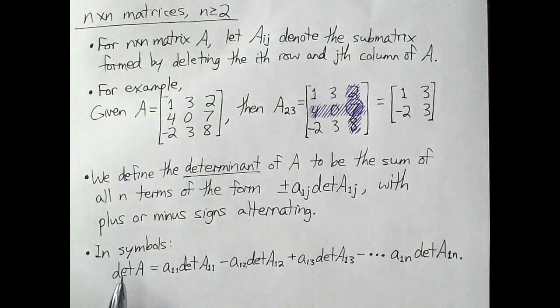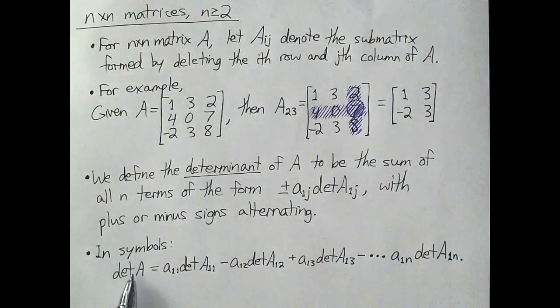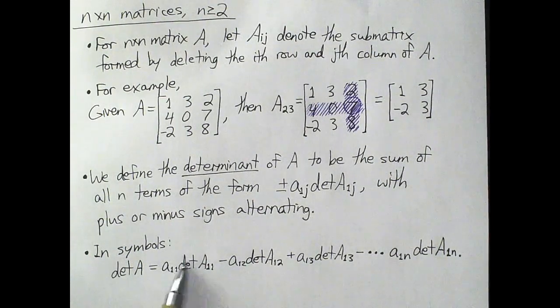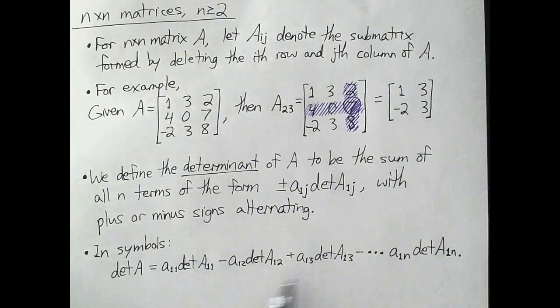So the determinant of a large matrix, presuming that A is large, is defined as this alternating sum, plus, minus, plus, minus, plus, minus. It's a sum of determinants of smaller matrices.